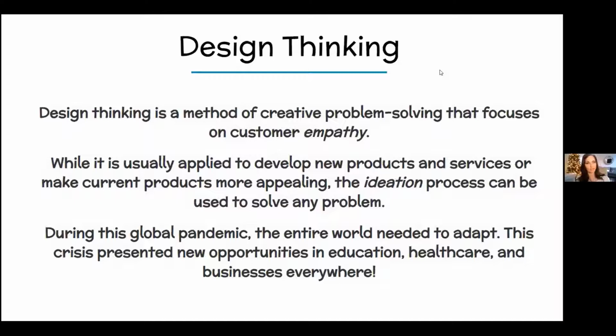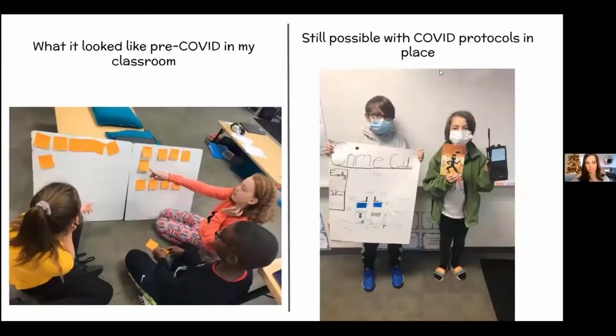They have to think about the customer first, on what the customer really needs to help move them forward in this type of climate that we're in right now. And some of the things that I'm going to talk about, I want to make sure that you know that, yes, it does look a little different pre-COVID. You see the one picture there, there are no masks and we could be a lot closer, and it did look different.